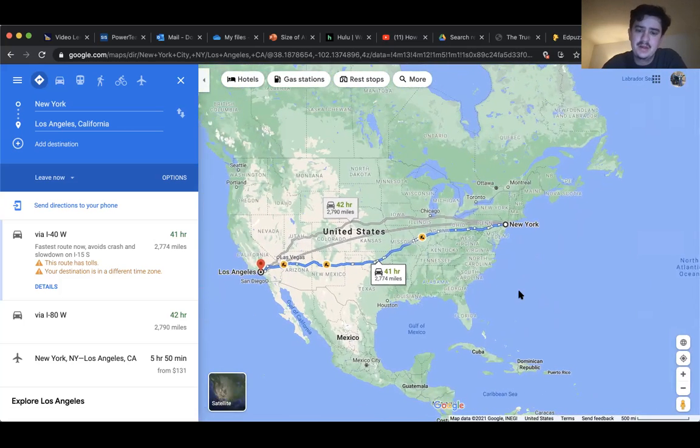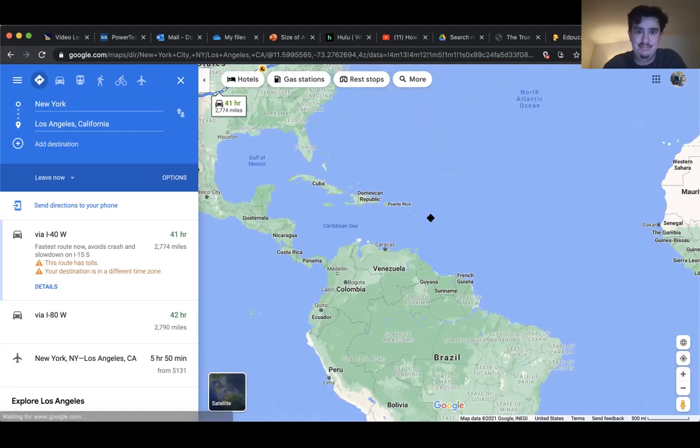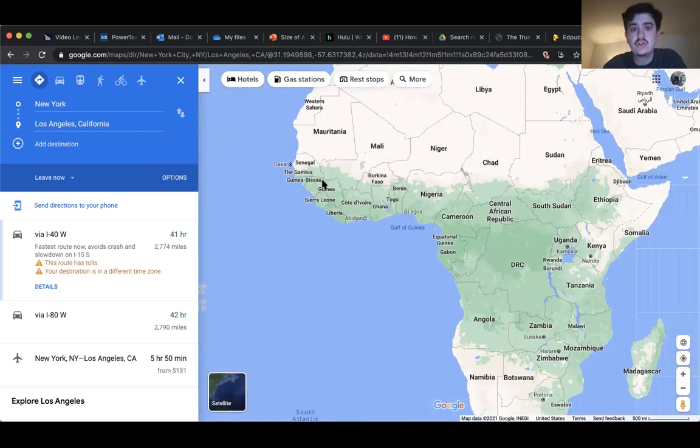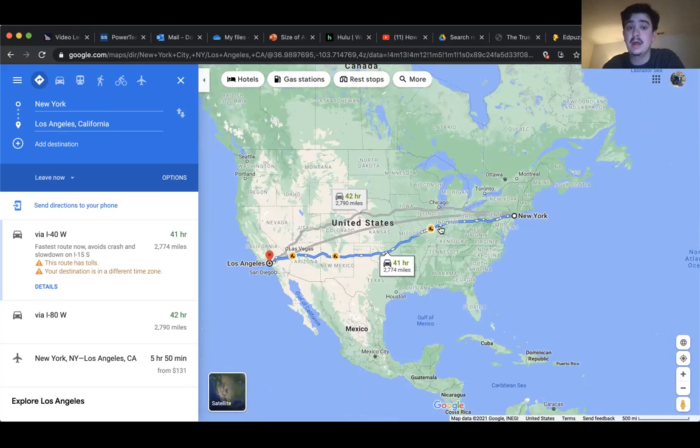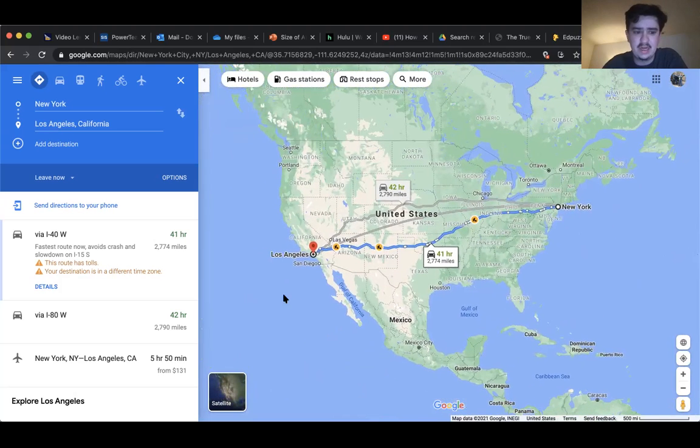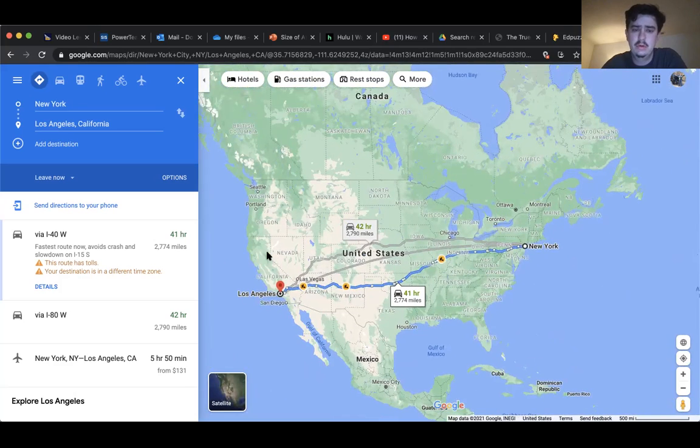Now keep that in mind. That is short. Our shortest one here was 3,700 miles. This is almost 1,000 fewer miles than that, and that was the shortest one in Africa. And if you were to fly from New York to LA, you're looking at about a 6-hour flight.